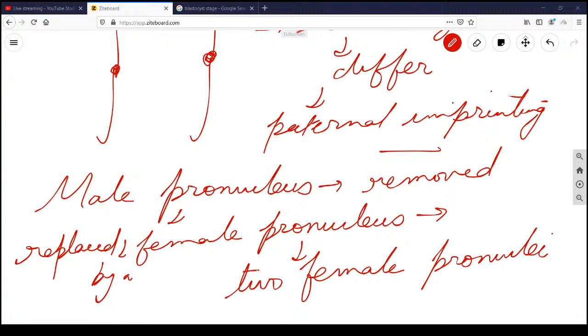And experimentally, what has been seen is the embryo develops fairly normally, but the placenta and yolk sac are very, very poorly developed.